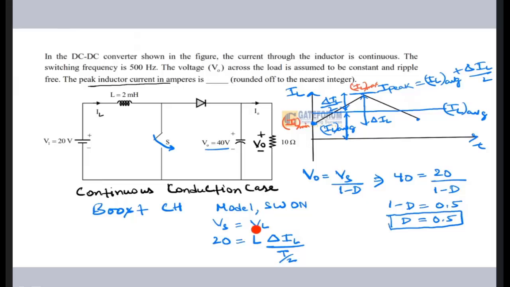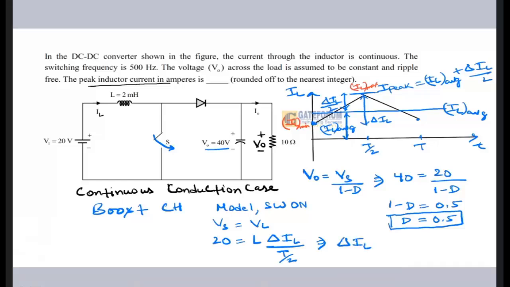VL we write as L di by dt. So di is the change in the current, from minimum to maximum value. IL maximum minus IL minimum is delta IL only. And the change of time is T by 2, because this is T and this is T by 2. So from here I'll be able to calculate delta IL.